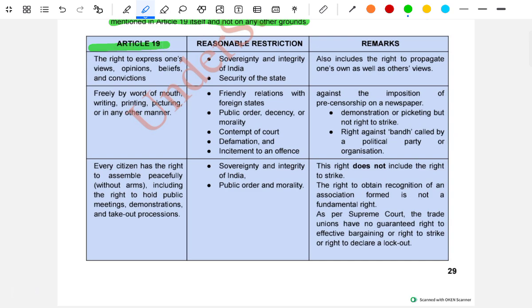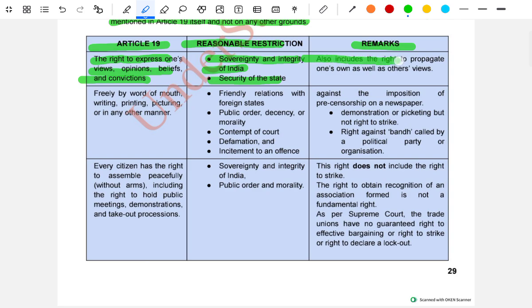Article 19: freedom of speech and expression means the right to express one's views, opinions, beliefs and convictions. Reasonable restrictions: sovereignty and integrity of India, security of the state.